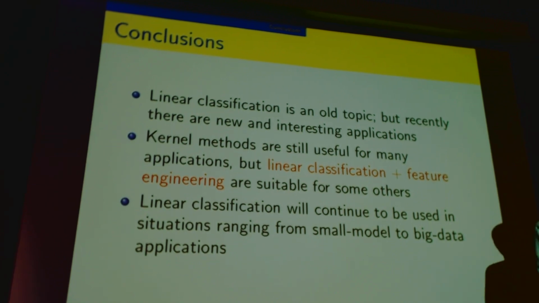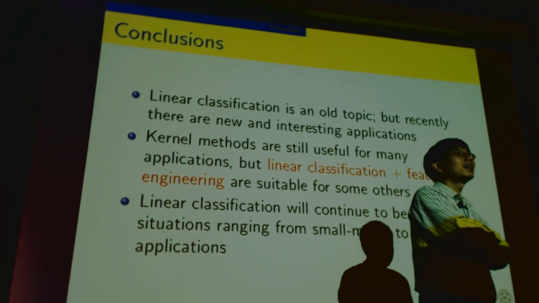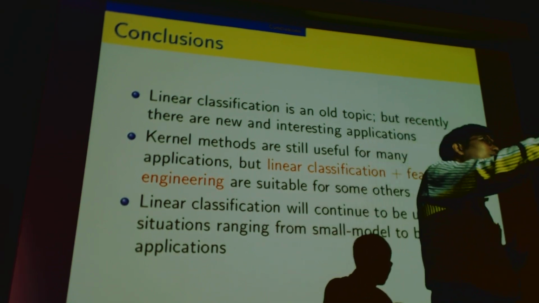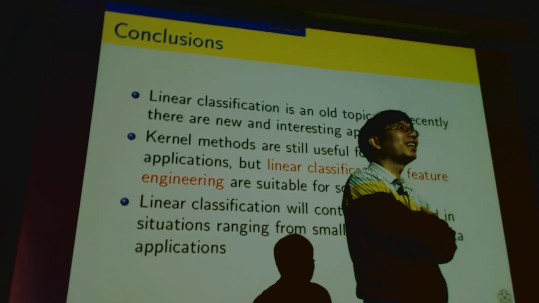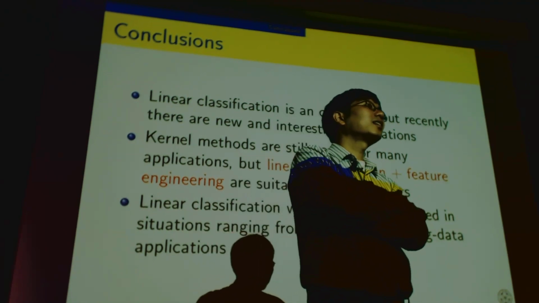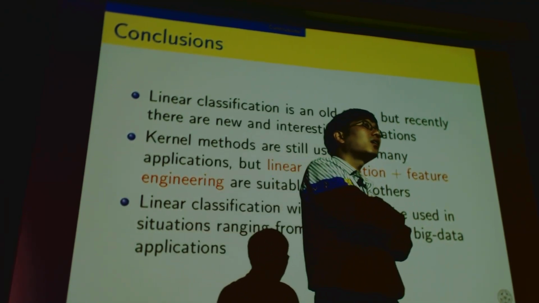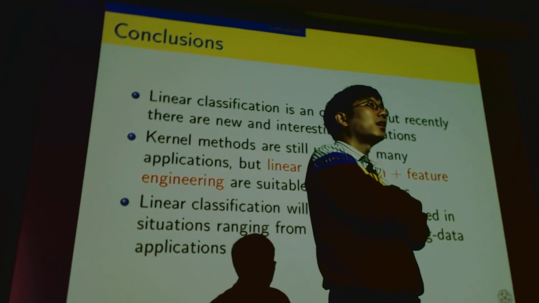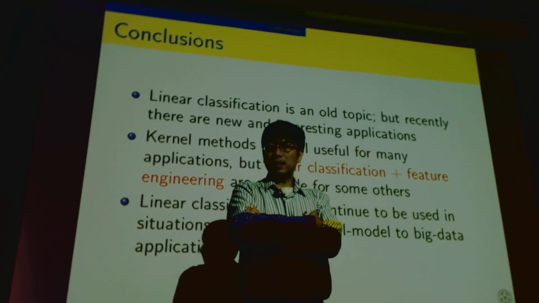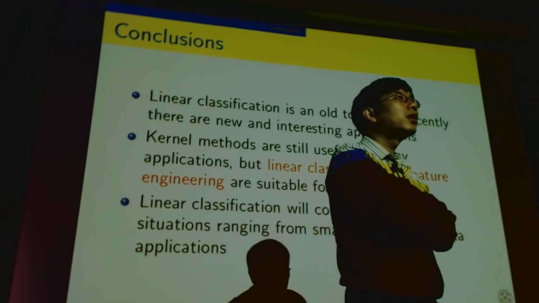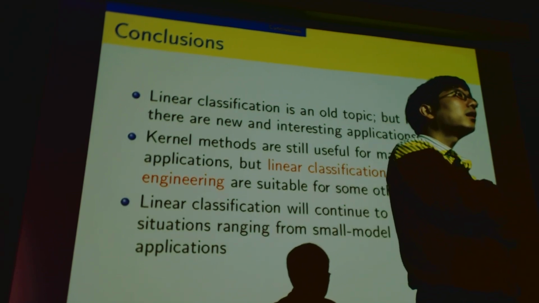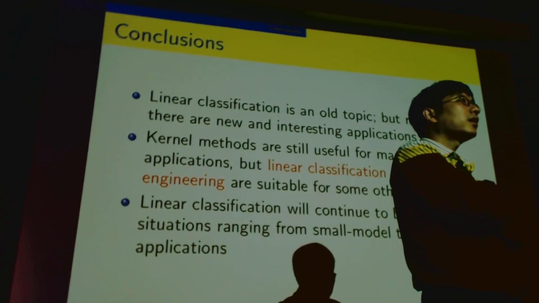So any more? Yeah. The example of feature engineering that you offered didn't seem to handle non-monotonic relationships. Am I correct about that, or would such relationships be possible?